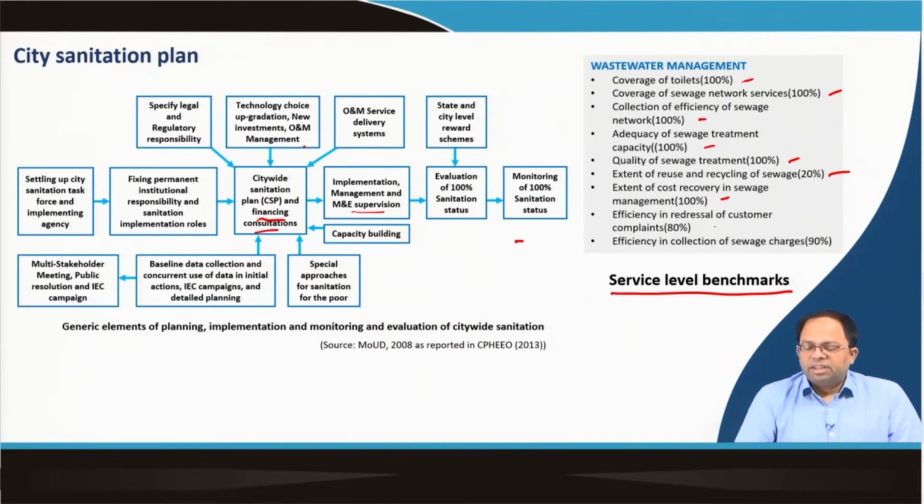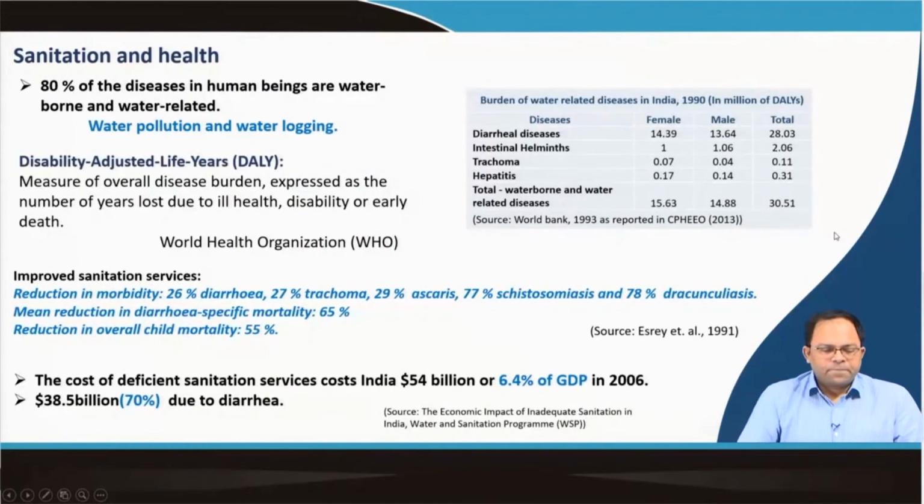And efficiency in redressal of customer complaints 80%, and efficiency in collection of sewage charges 90%. So, that means 90% of service users should be providing money or providing tariff or fees for these services. Everybody should provide, but at least 90% collection efficiency is good enough.